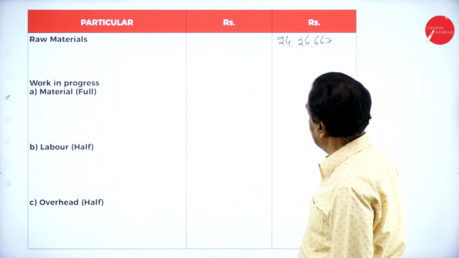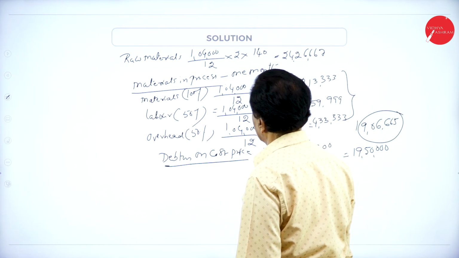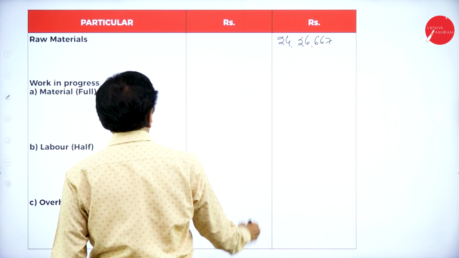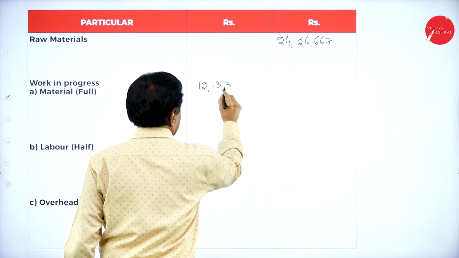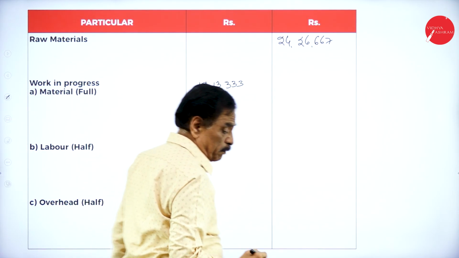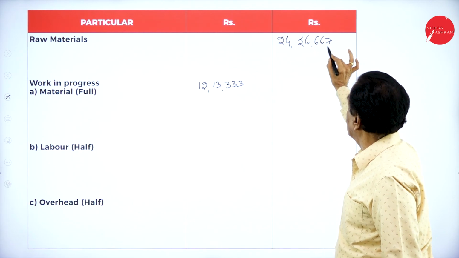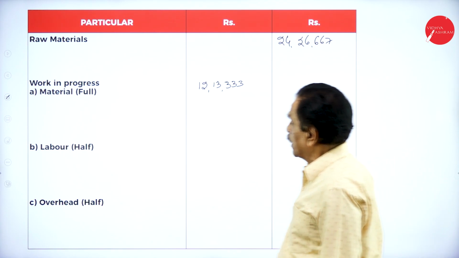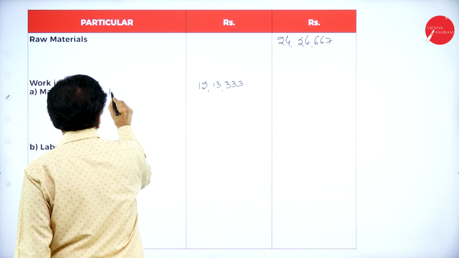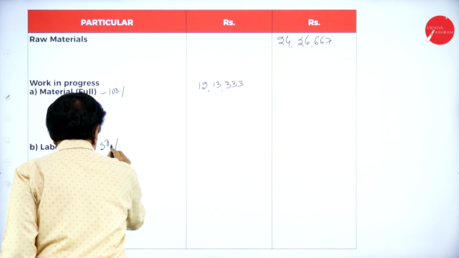Work in progress material 12,13,333 as per the working note. So raw materials 24,26,667, work in progress full 100%. This is labor 50%.